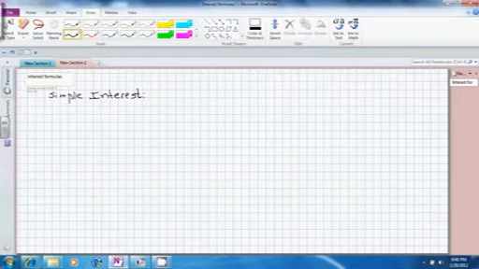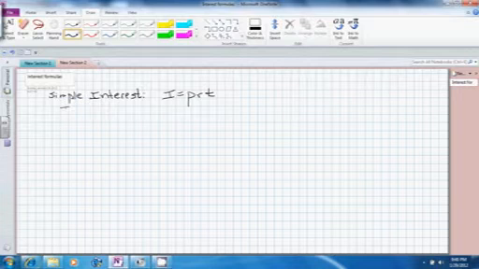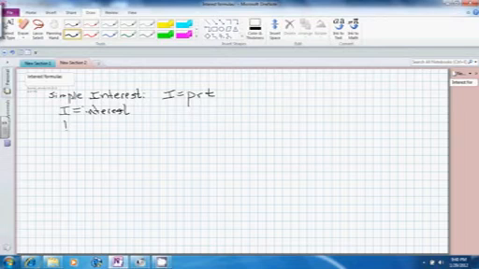So the formula for simple interest is I for interest equal P for principal times R, which is your rate, times T, which is time. I remember it as I per T. So I stands for interest. P is your principal.